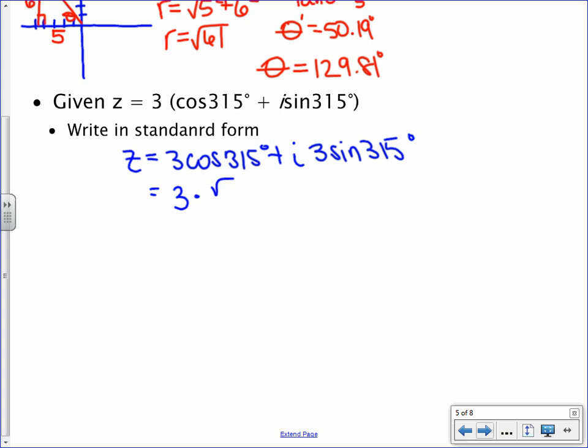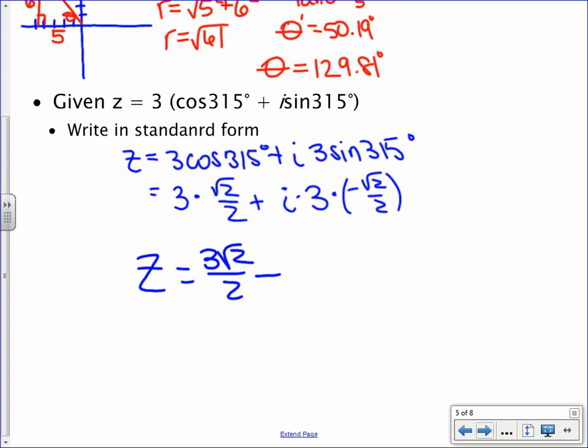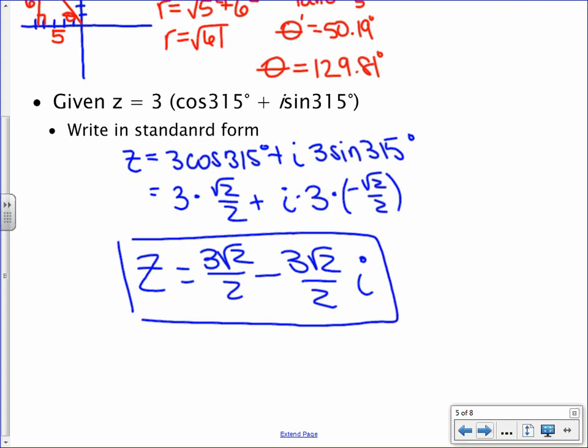Thank you, Chase. Square root of 2 over 2. What's the sine of 315? So our number is 3 radical 2 over 2 minus 3 radical 2 over 2 i. If it is a special unit circle angle, you are not using your calculator.